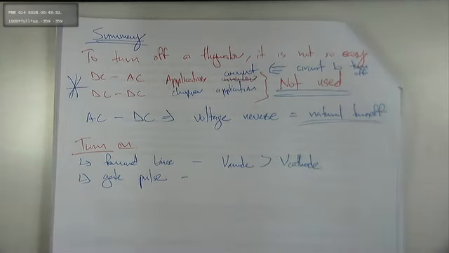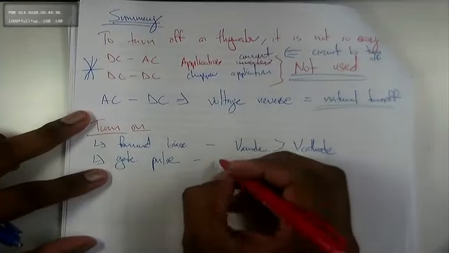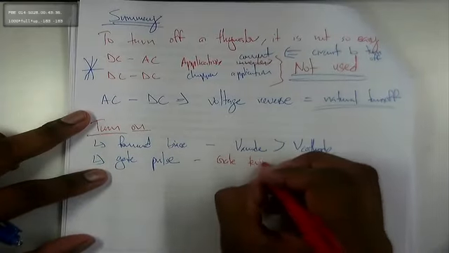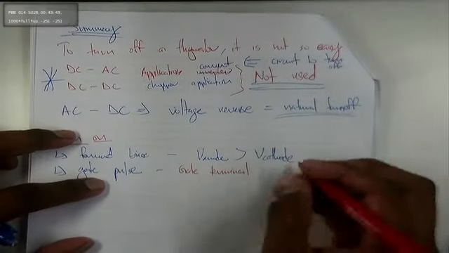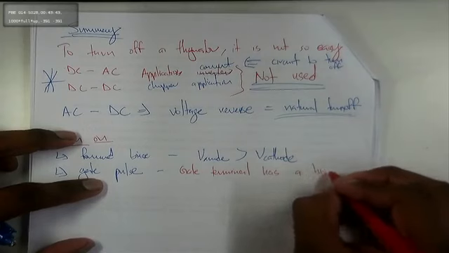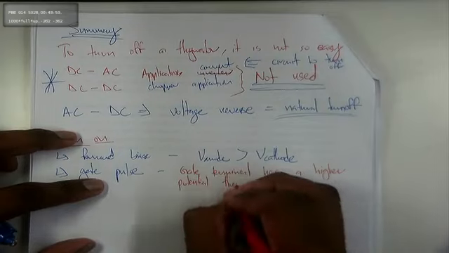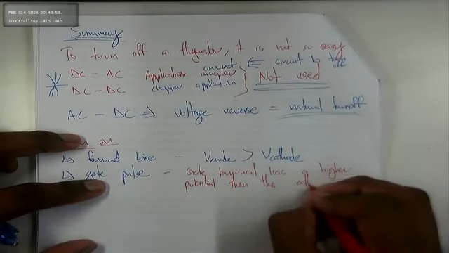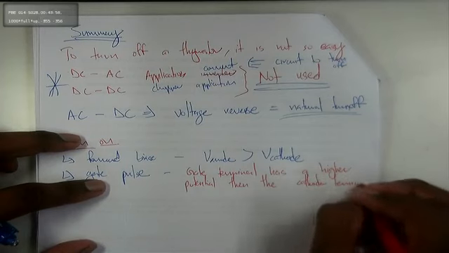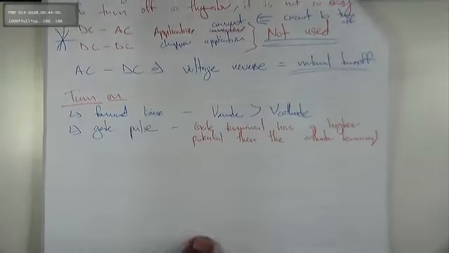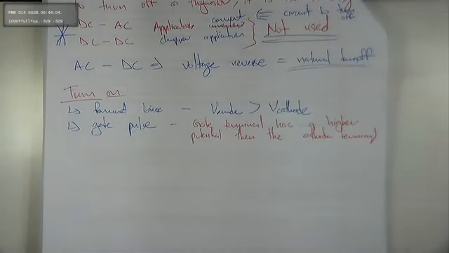When I say gate pulse, this means that the gate terminal has a higher potential than the cathode terminal.